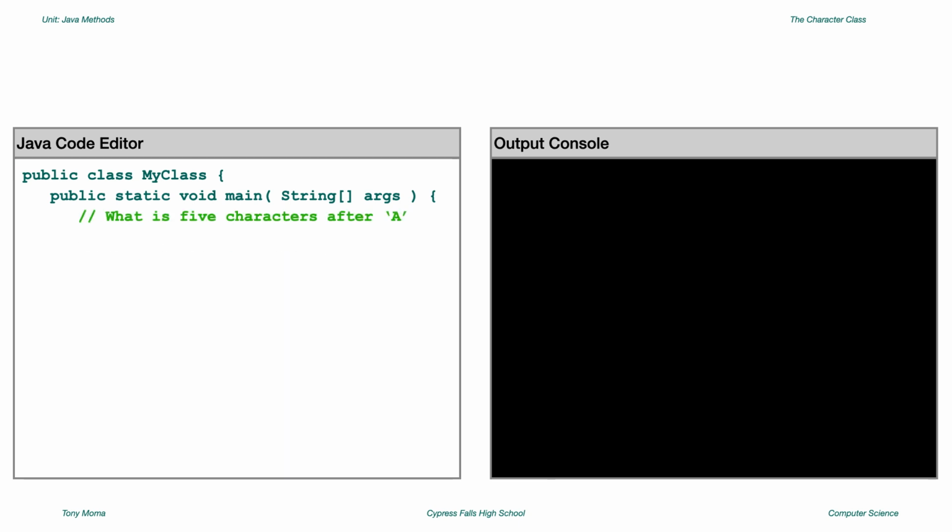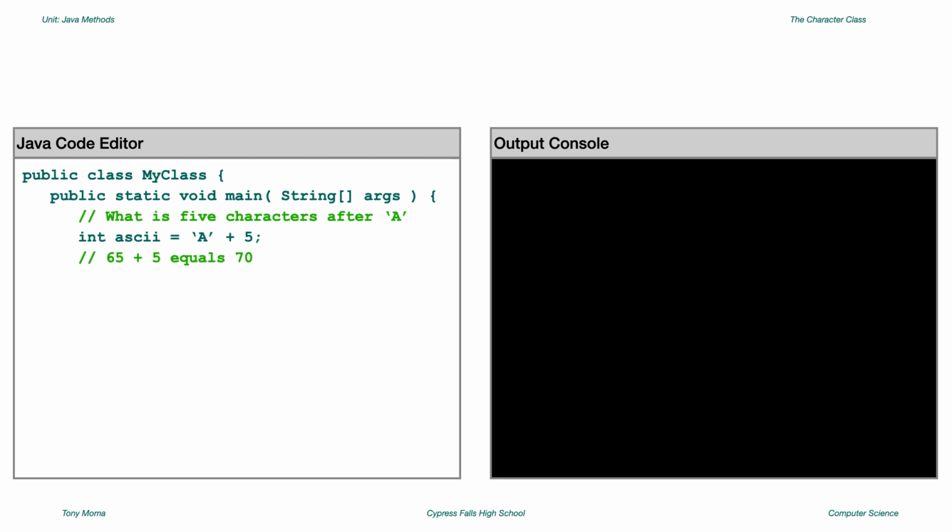We can also perform addition with ASCII values. For example, suppose I declare an int value and set it equal to uppercase A plus 5. What this line of code will do is add 5 to the ASCII value of uppercase A, which is 65. So, in other words, ASCII gets set equal to 65 plus 5, which is 70.